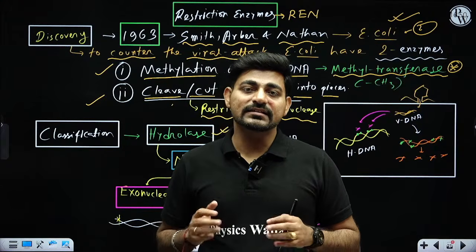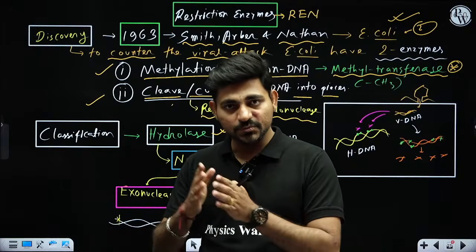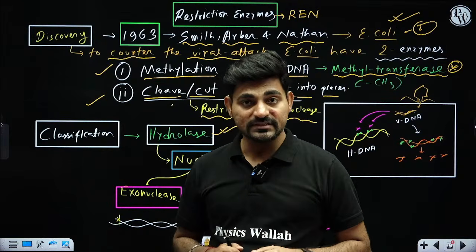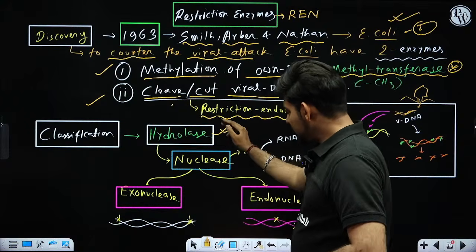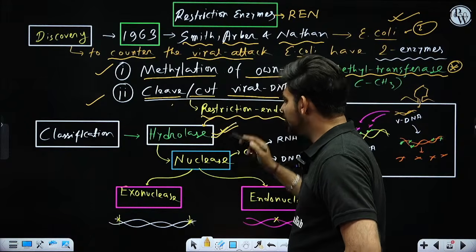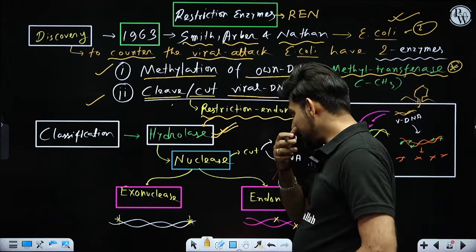Total there are 6 classes of enzymes, and these restriction endonucleases belong to the class hydrolase.